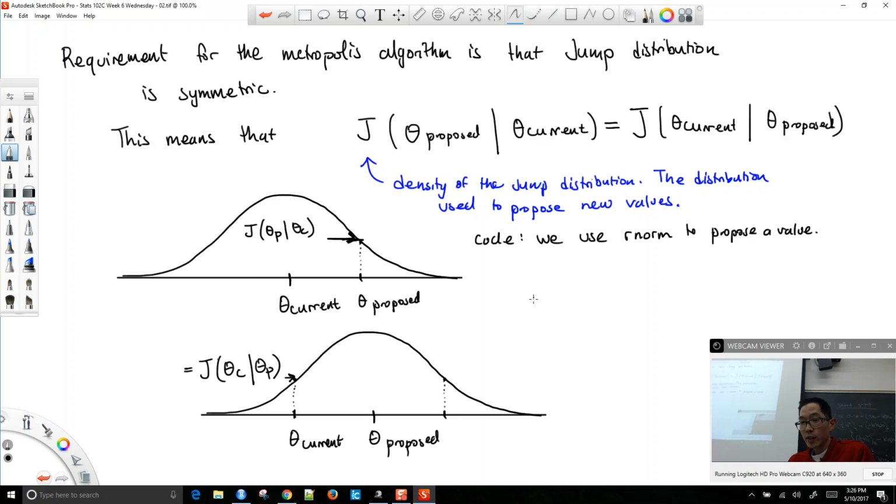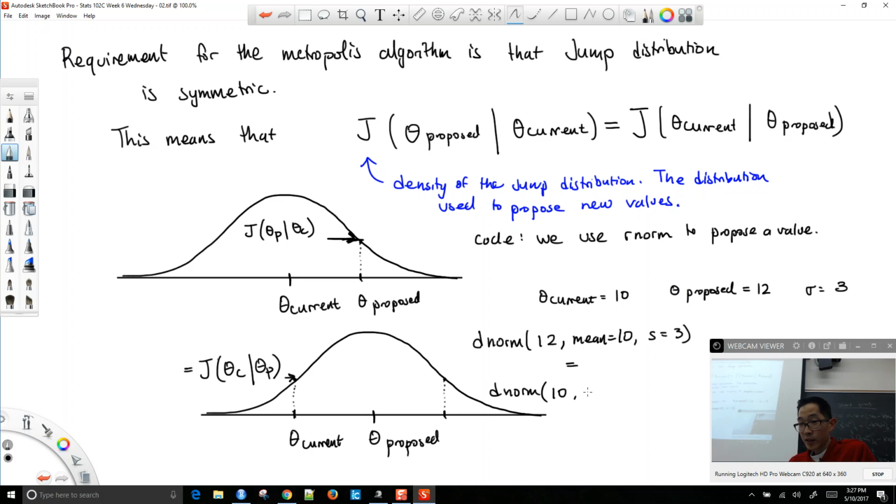So if theta current equals 10 and theta proposed equals 12 and sigma is equal to, whatever, some number, 3, then what we would see is that dnorm of 12, given the mean is equal to 10 and standard deviation is equal to 3, is equal to dnorm of 10, where the mean is equal to 12 and the standard deviation is equal to 3.